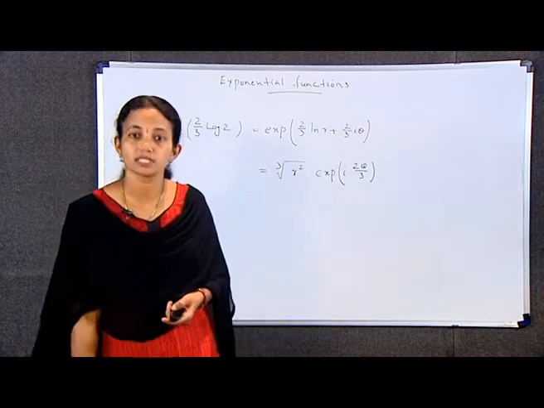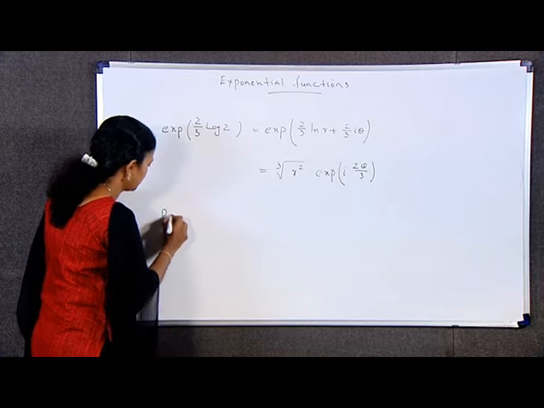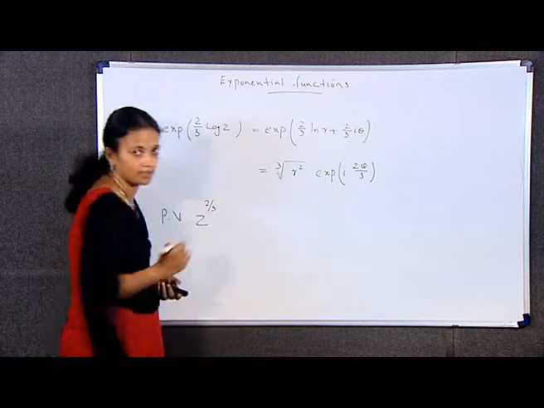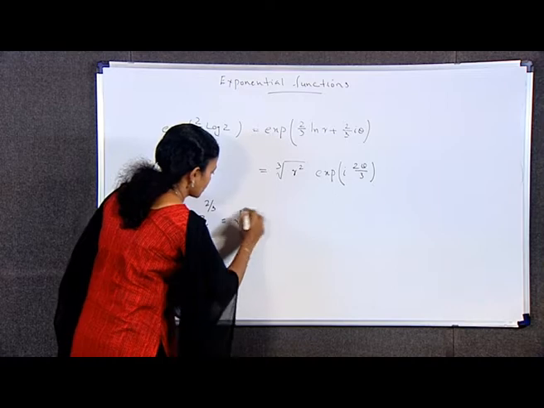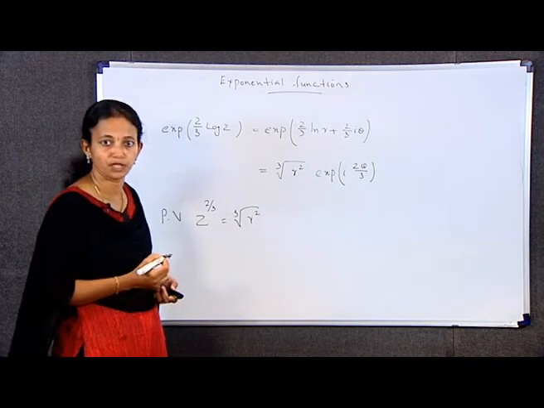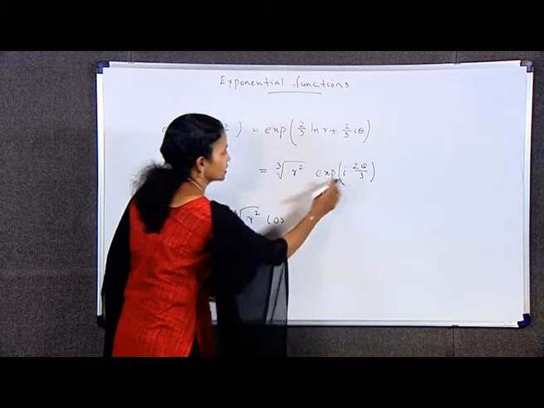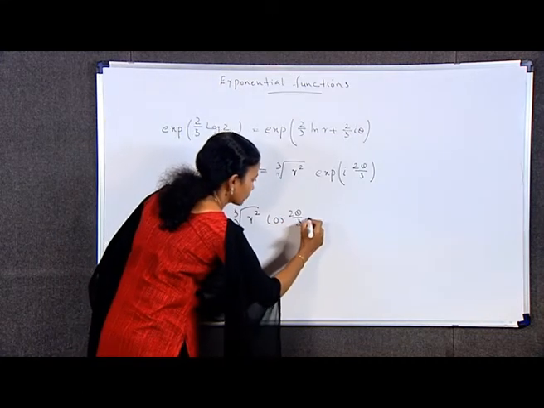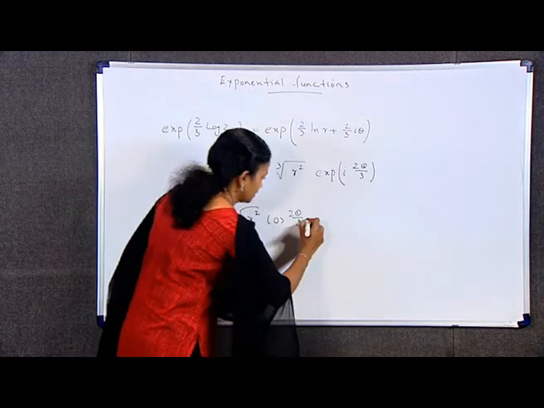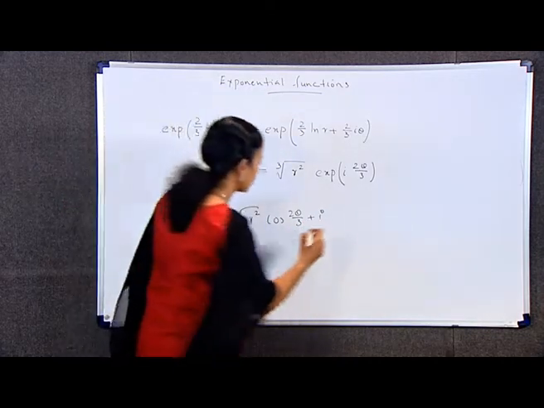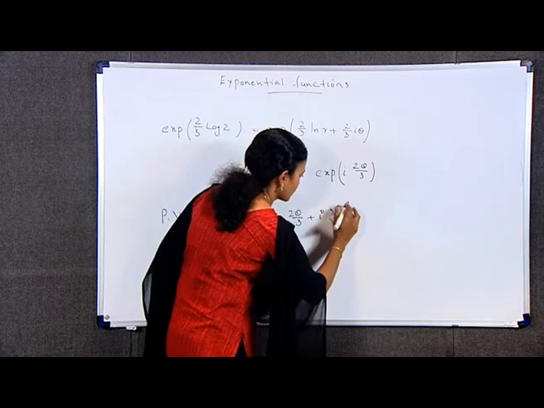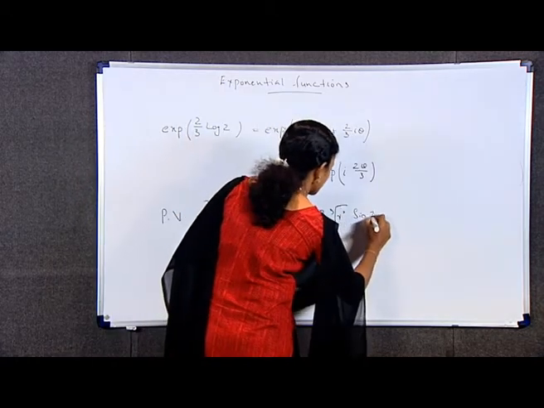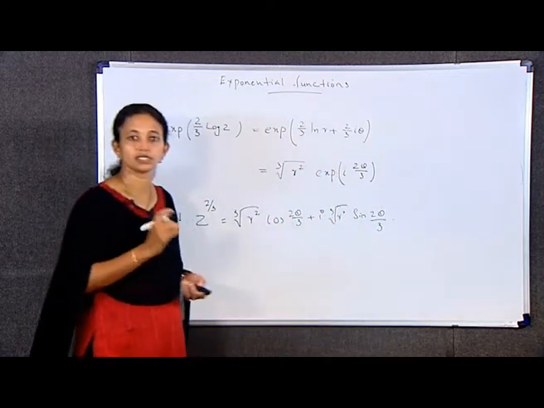Thus, the principal value of z raised to 2 by 3 is equal to cube root of r square into cos 2 theta by 3, plus the next term I into cube root of r square into sin 2 theta by 3. This is the principal value.